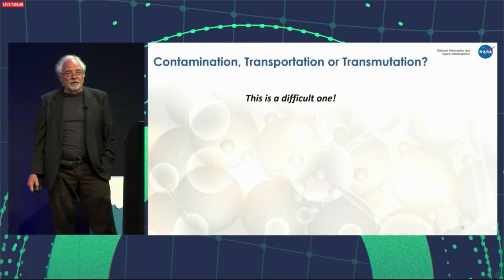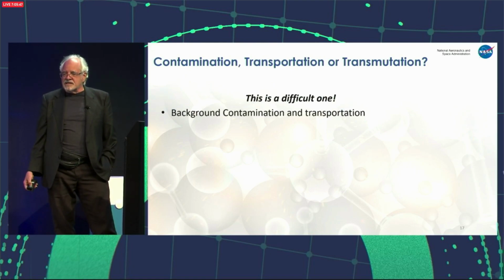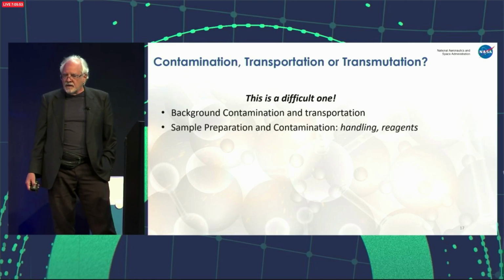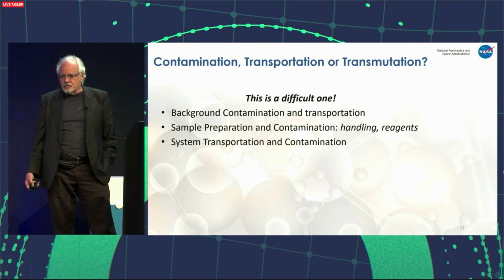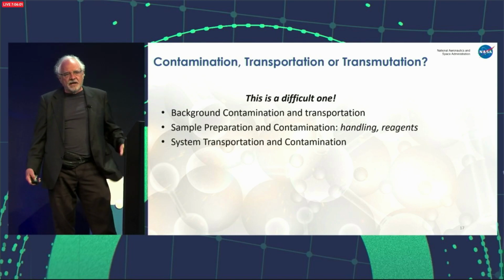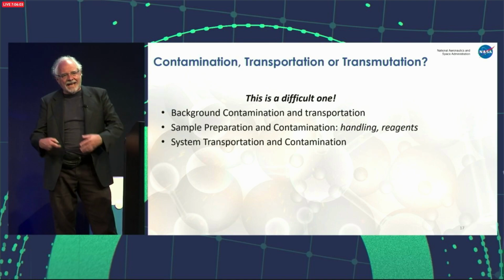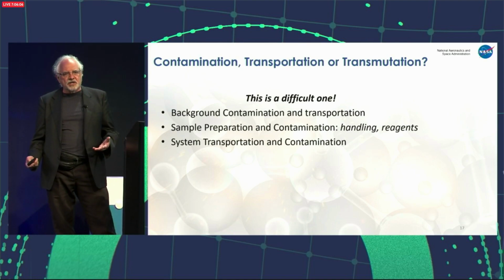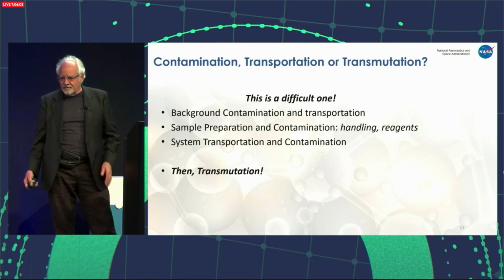It's a difficult one. The background contamination and transportation from elsewhere within the cell to what you're trying to run. The sample preparation and contamination, handling and the reagents, system transportation and contamination. Just getting the parts out and getting them over to whatever diagnostic you're using after the experiment.